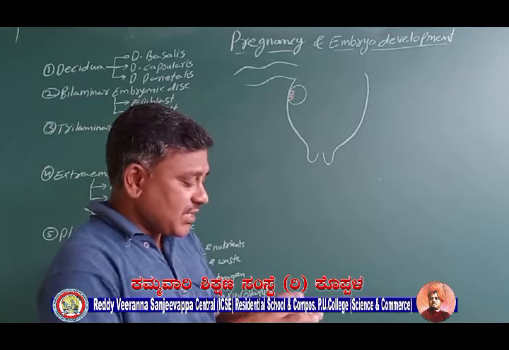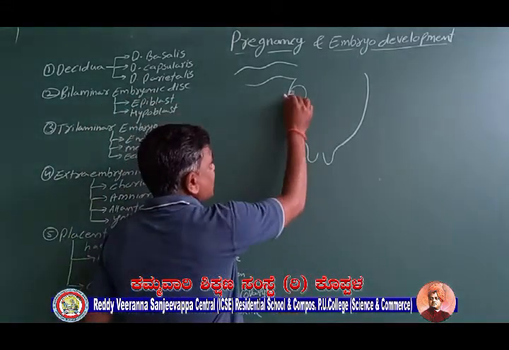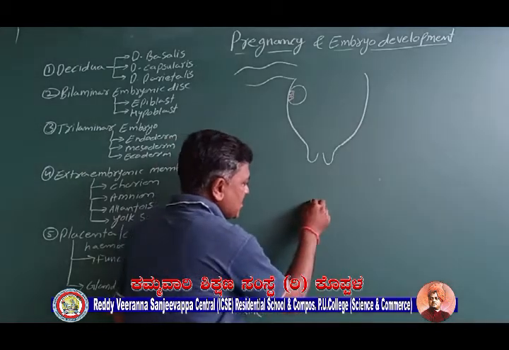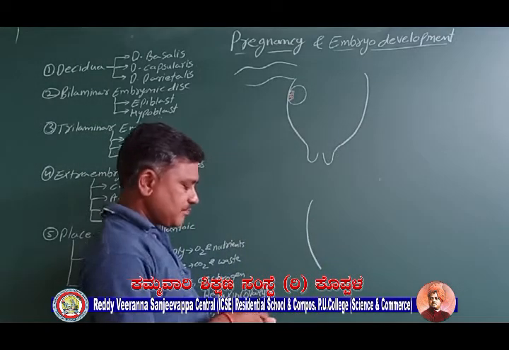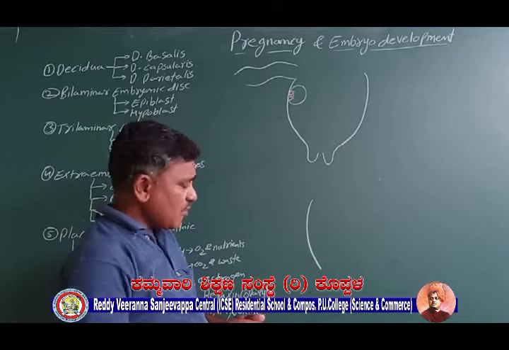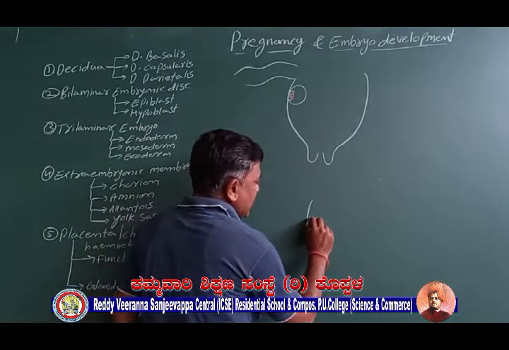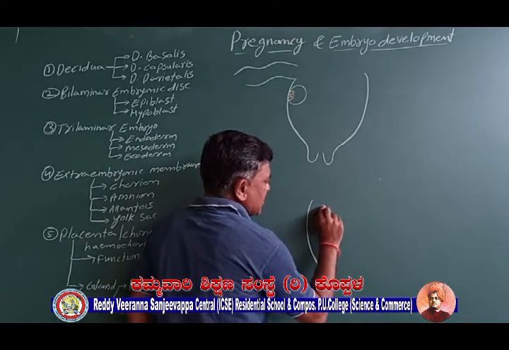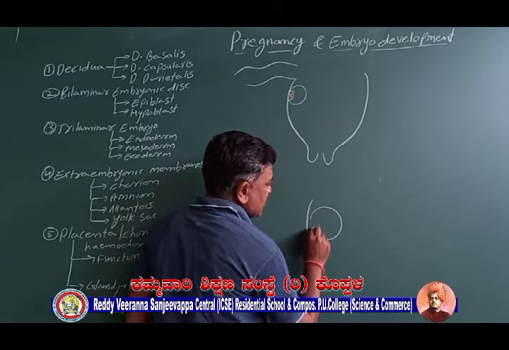Now what happens after implantation? Now this diagram I will take downside. So this is the uterine wall. Here we already know that trophoblast cells are present attached.